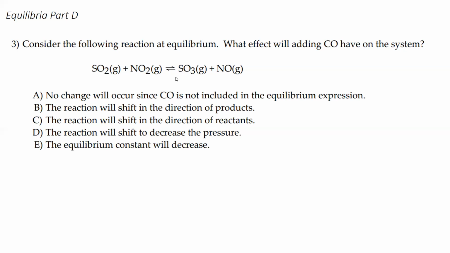Okay, same system again, but this time we're looking to see what happens if we add CO to the system. Now notice CO is not part of the equation. It's not part of the equilibrium, or else it would be expressed in the reaction equation. Also, CO is a gas, and adding a gas will change the pressure, but because we have the same number of moles of gas on both sides, that's not going to change anything.